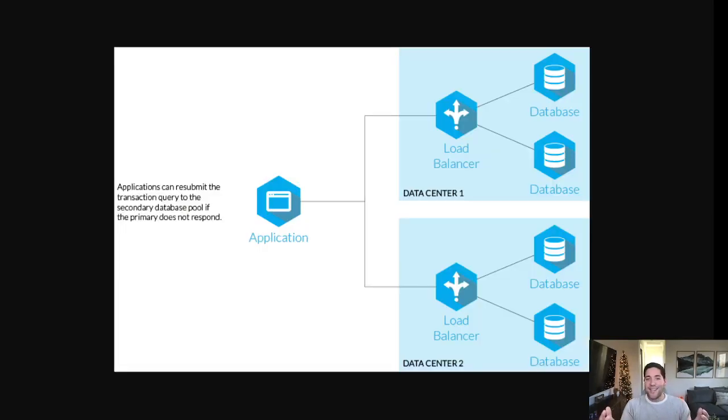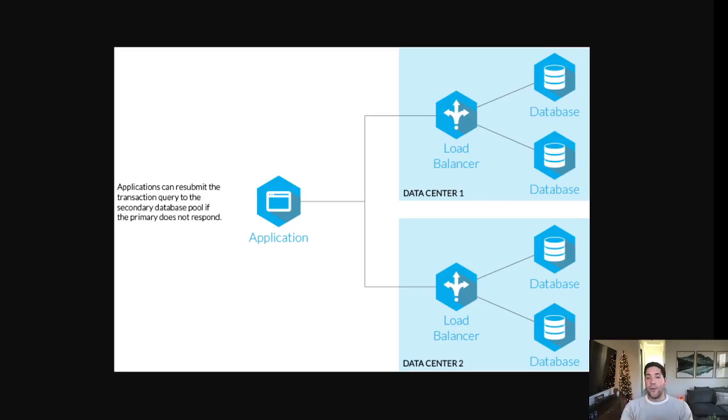So now, how do we design highly available systems? I don't want to go too deep in this video, but what we're talking about for the most part when we're talking about high availability is fault tolerance, and commonly a component of that is replication.